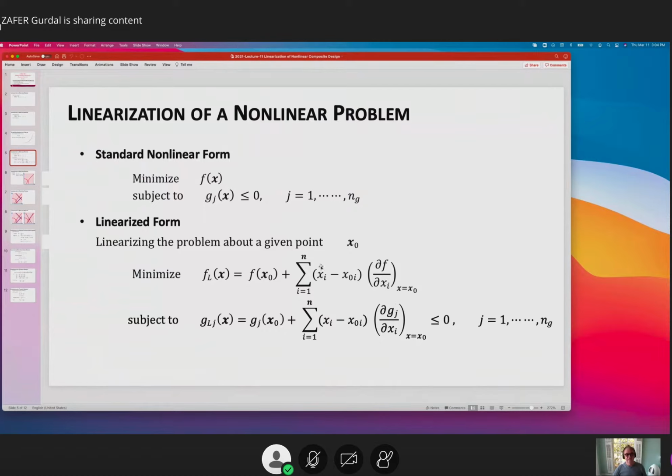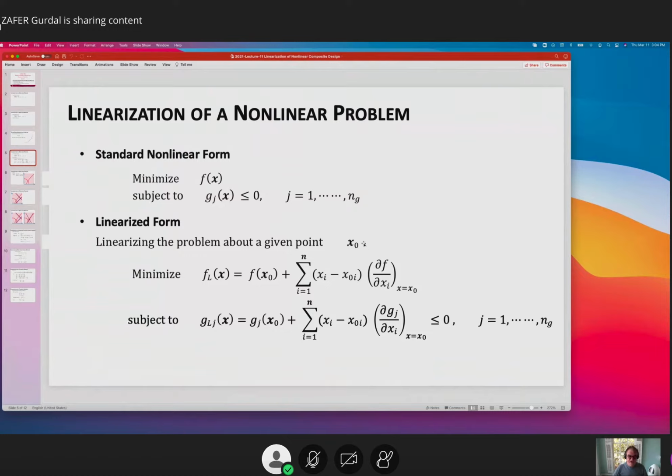These are essential to be able to linearize the problem. And this is what's going to enable us to make approximations to the original nonlinear functions at a specified design point, x super 0 or x sub 0. This is the base design, and you're making an approximation to this problem in this form at that point.